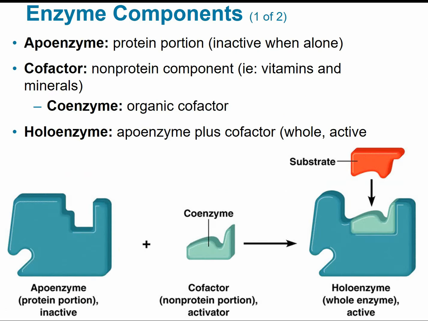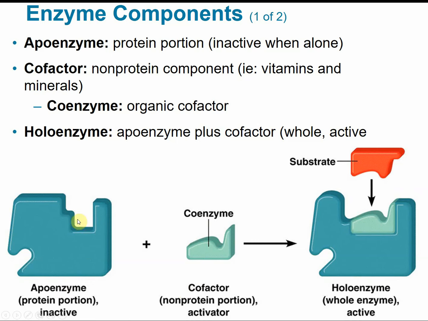Looking at enzyme components, an apoenzyme is the protein portion. So by itself, it's inactive. Right? So it needs a cofactor, which is a non-protein portion, to activate that enzyme. So once we have our cofactor, now our active site is the right shape for our substrate.